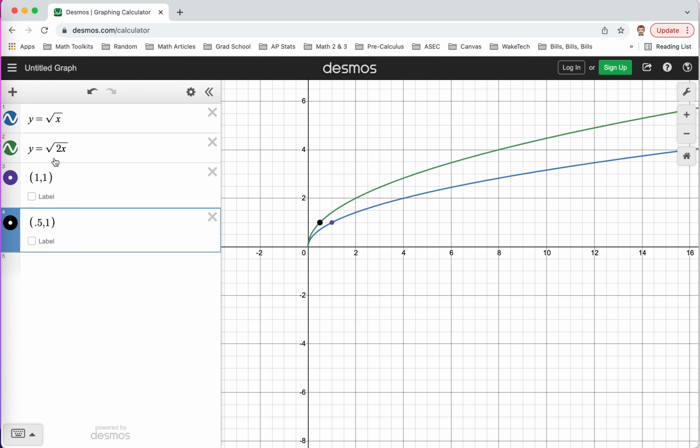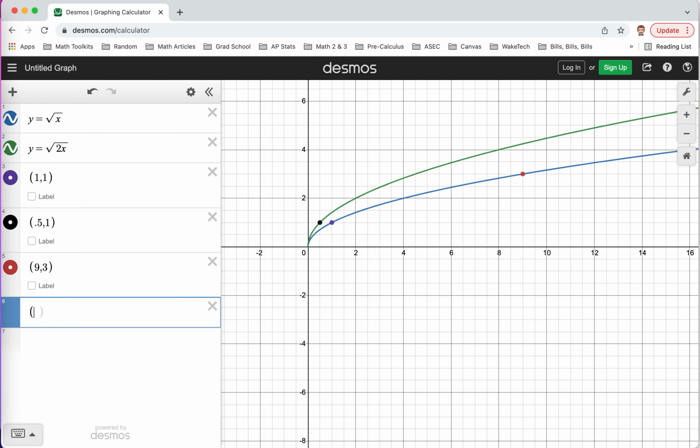So 1/k gives you that horizontal shrink. So we had a point at (9, 3). That was an original point. If I shrink this by 1/2 horizontally, 9 times 1/2 is 4.5. And you see that same point just horizontally shrunk.